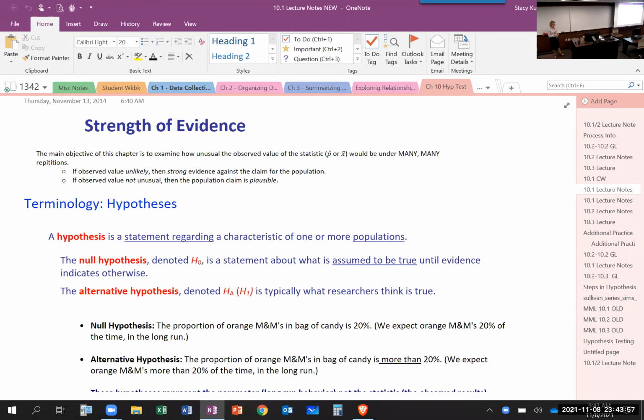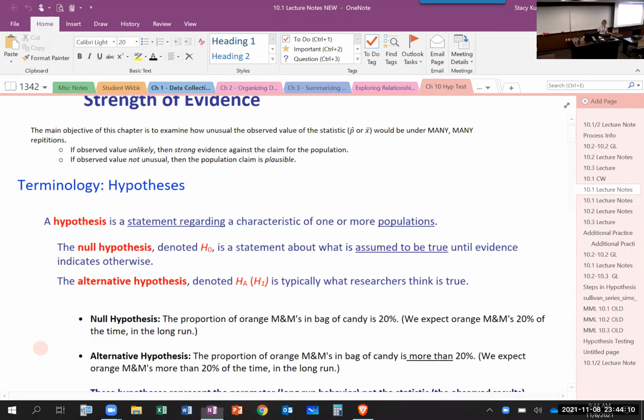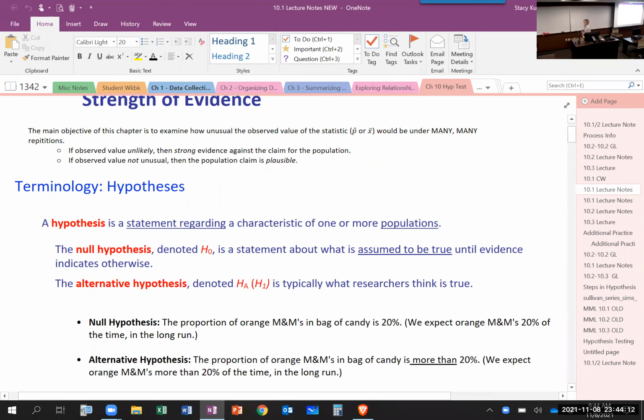Now, another way of talking about strength of evidence, in addition to our confidence interval, is this chapter here. And this is our chapter on what we call strength of evidence. When we're thinking about strength of evidence, we want to know how unusual our observed statistic would be.